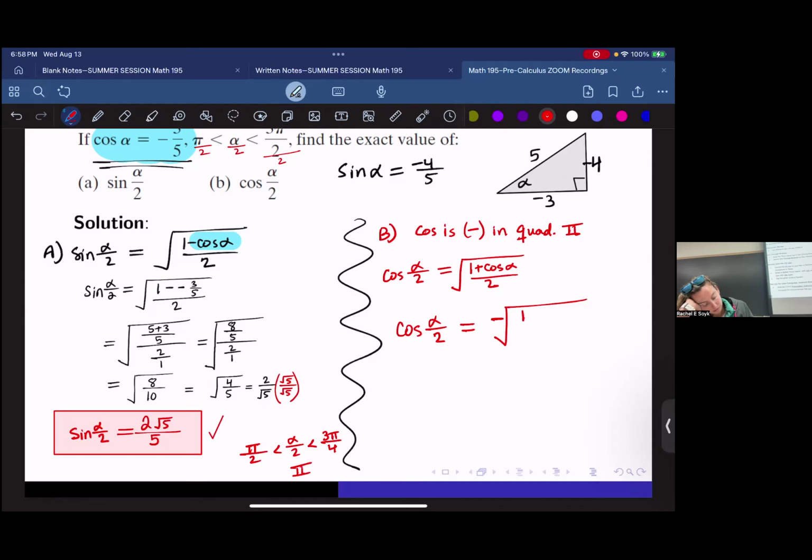So 1 minus 3 over 5 over 2, which is the same as 5 minus 3 over 5. And 5 minus 3 over 5 over 2 over 1 is just 2 over 5 over 2, which is 2 over 10.